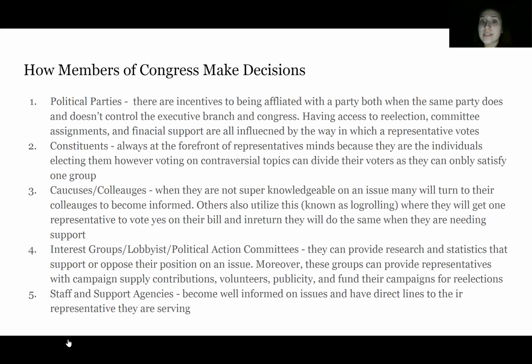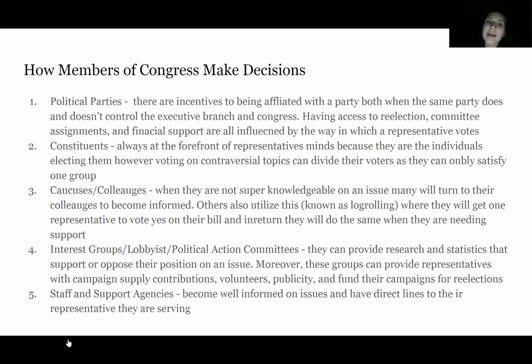They could provide volunteers, publicity, and sometimes they can even fund their campaigns. So that is also at the forefront of the mind, because that is where some of them are getting their information and their support.